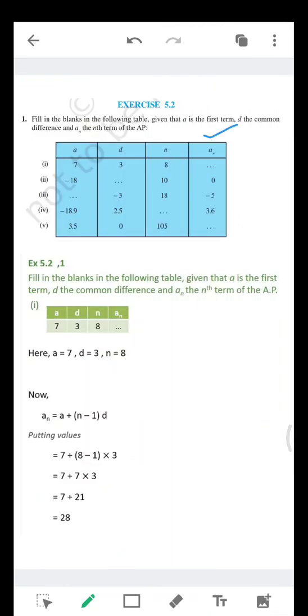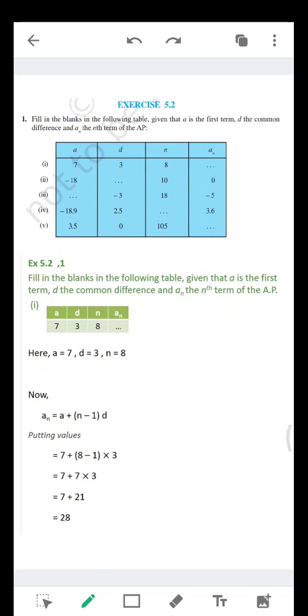First is an, you can see in this table also, an, then a. Okay, a1 or a, both are the same, always remember it. The first term is always a, and then n and D. So there are 4 different parts in this formula, and in this table, out of those 4 parts, one is missing.